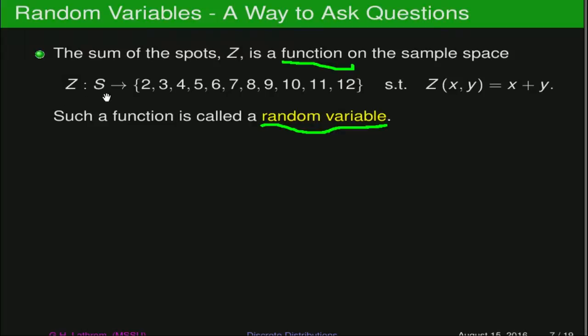So our sample space S, that set of ordered pairs, we've got this function from S into the set 2, 3, 4, 5, 6, 7, 8, 9, 10, 11, 12, and that function is defined as the sum of the first entry of the ordered pair and the second entry of the ordered pair. So we are getting the sum of the spots on the die.